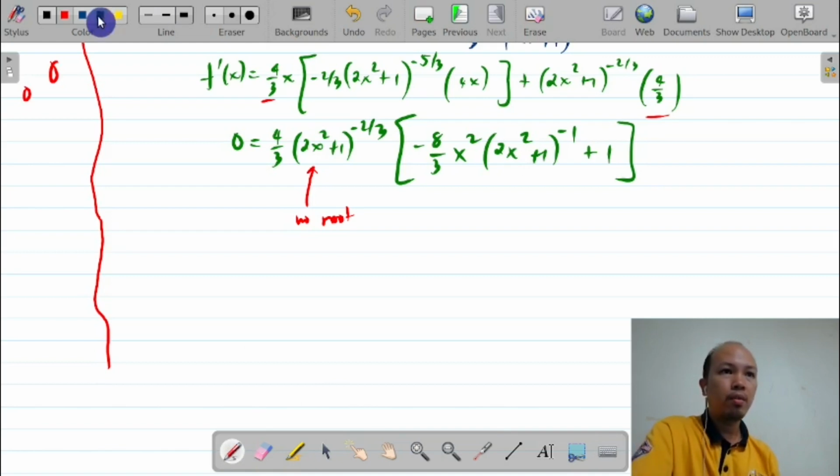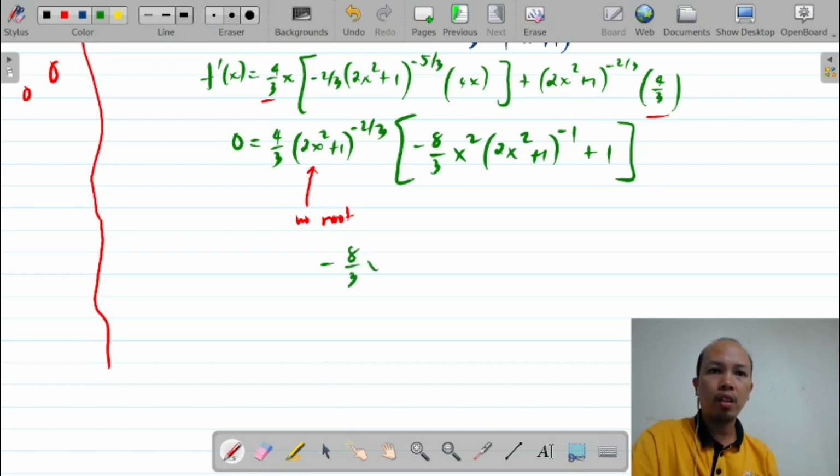So we have here negative 8 over 3x² times 1 over 2x² + 1, plus 1, is equal to 0.